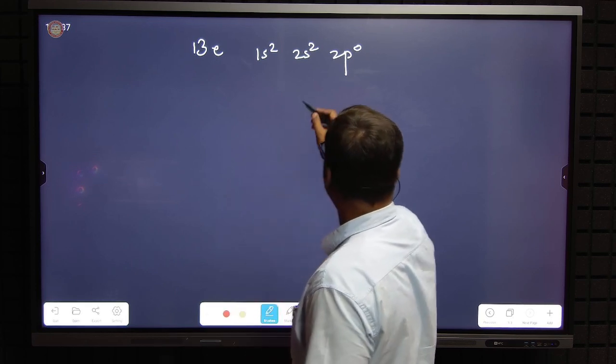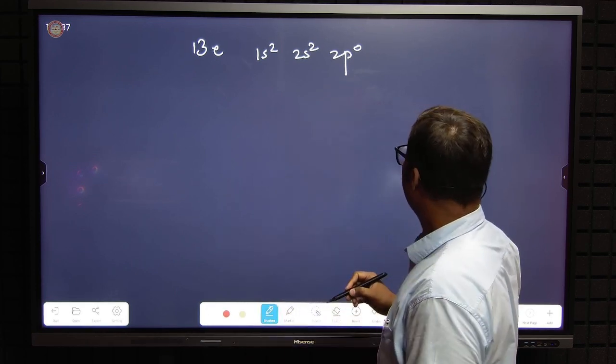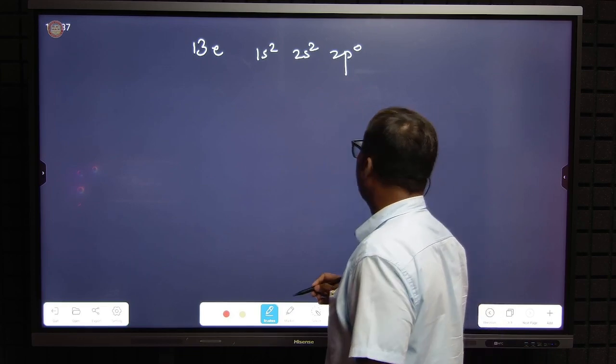So only s orbital electrons are present.